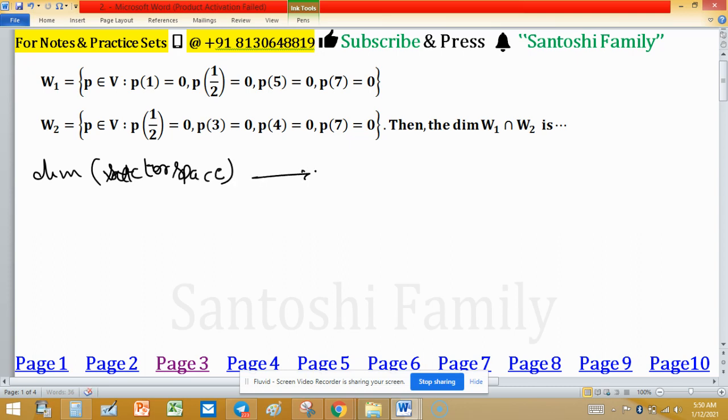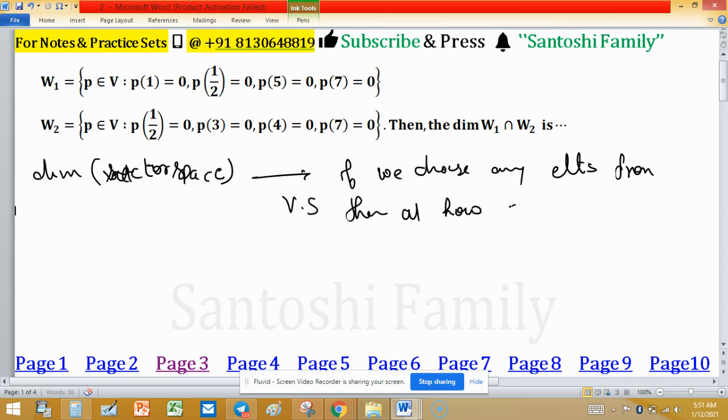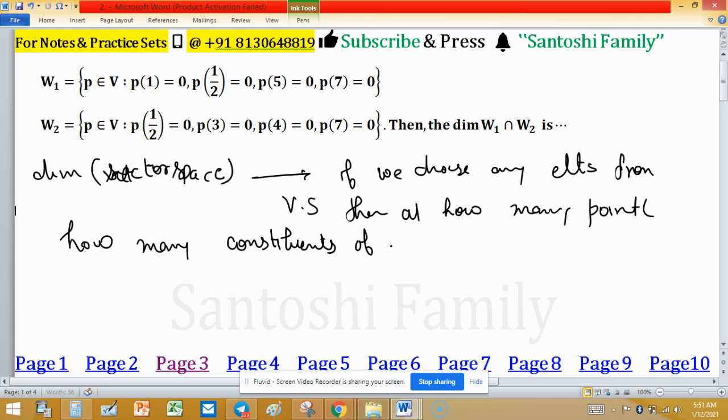It means if we choose any element from the vector space, then at how many points, or how many constituents of this vector space, are these elements free to choose.